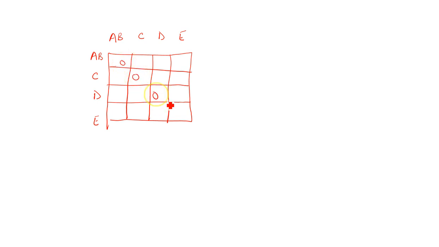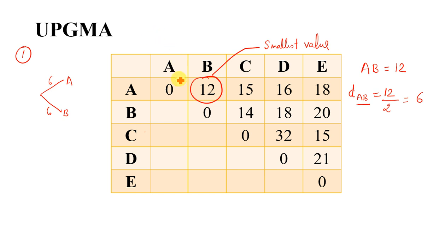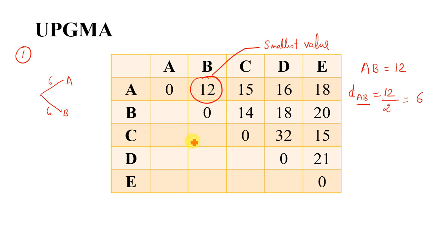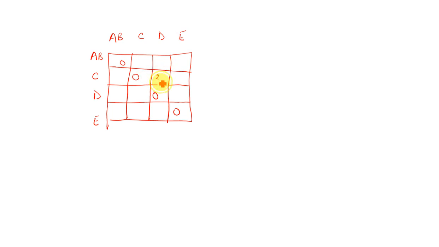Self value will be 0. Now if you see the main matrix, we have the BC, BD and BE values. Here B becomes the merged node. So CD is 32, CE is 15 and 21. So this is 32, this is 15 and this is 21.